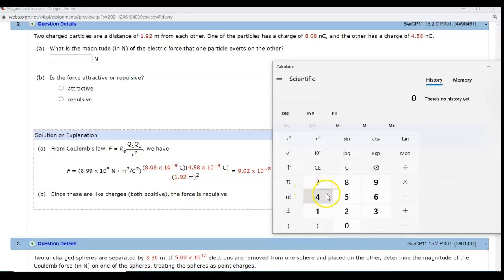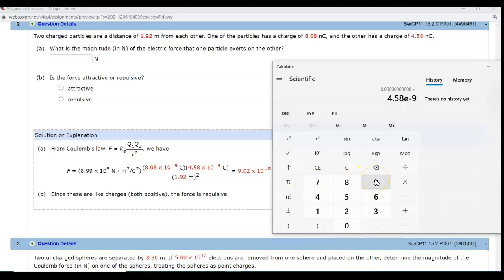And we'd have 8.08 with an exponent of negative 9 times 4.58 with an exponent of negative 9.